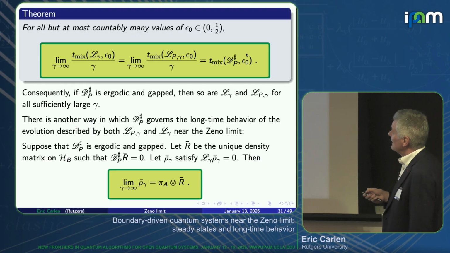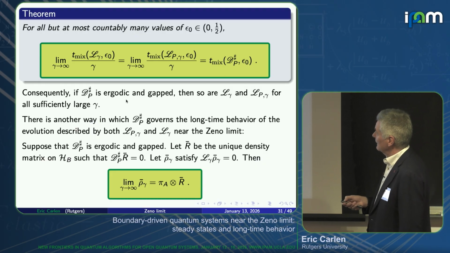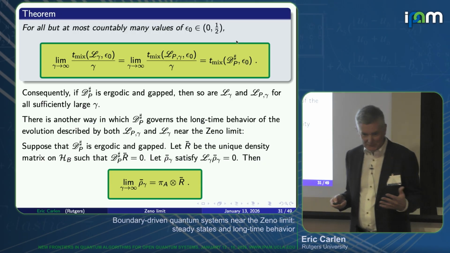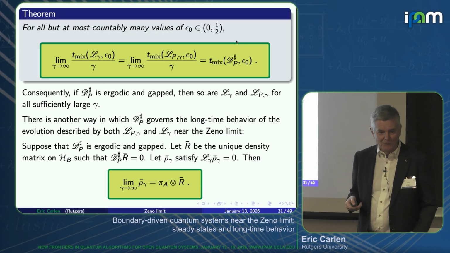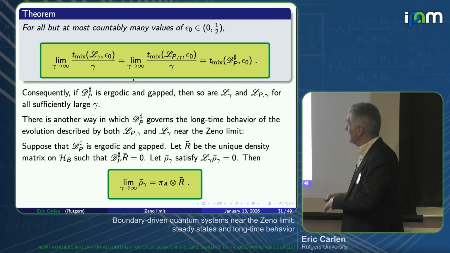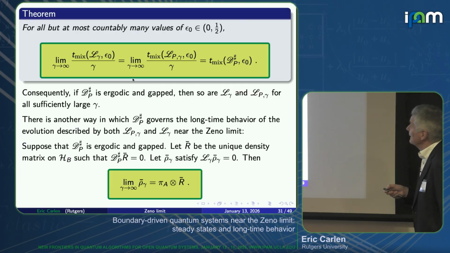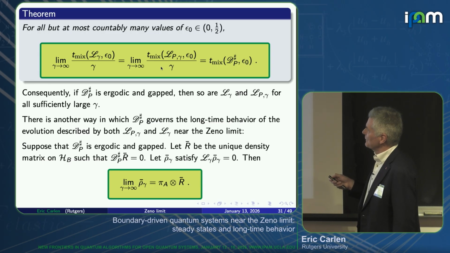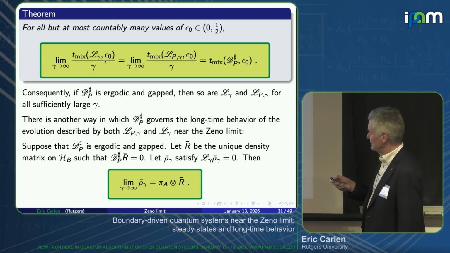So consequently, if this guy is gapped and ergodic, so the mixing time is finite, then these guys are gapped and ergodic, which is useful because you don't have to deal with this complicated Lindbladian with a dissipative part and a coherent part acting on different time scales. But if you know that this guy has a finite mixing time, then this guy for large gamma has almost the same mixing time, and so is this.